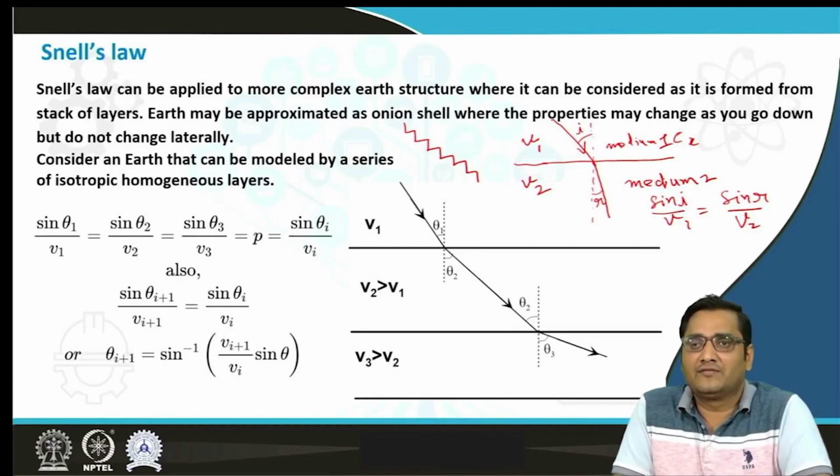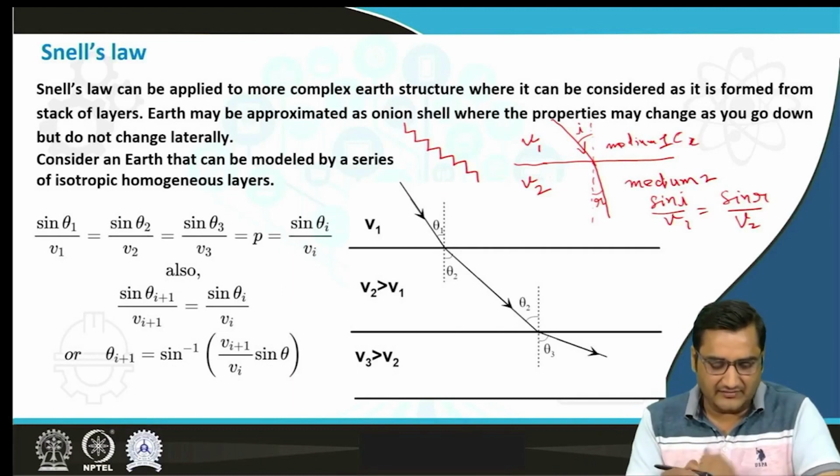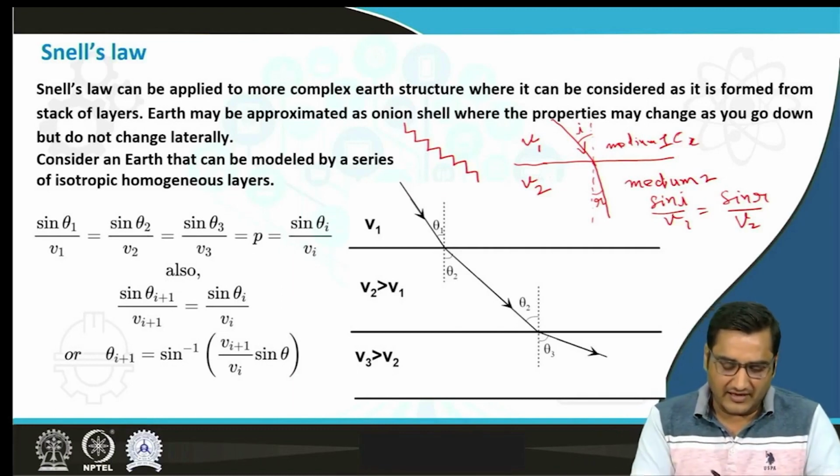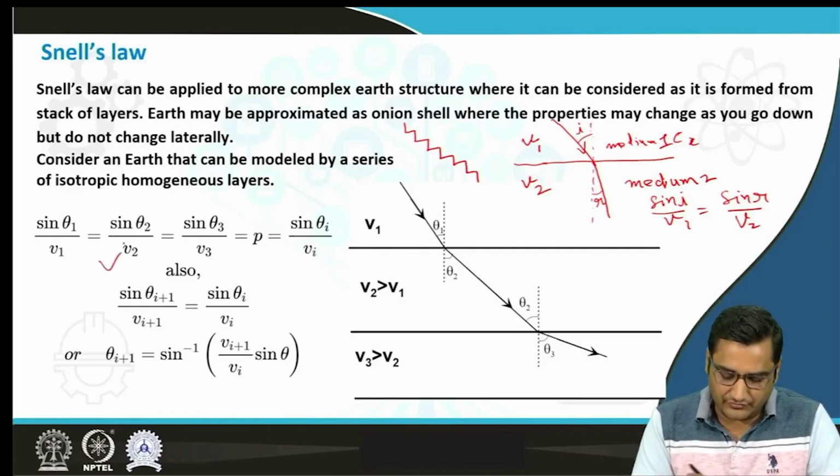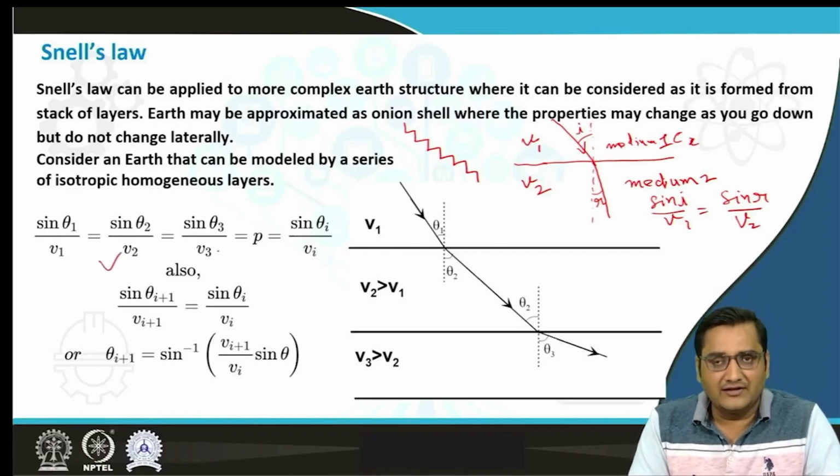The layers we are considering are isotropic and each layer is homogeneous. In that case Snell's law can be written as sin theta 1 by V1 equal to sin theta 2 by V2, equal to sin theta 3 by V3, which equals the ray parameter. Or in general, sin theta i by Vi.